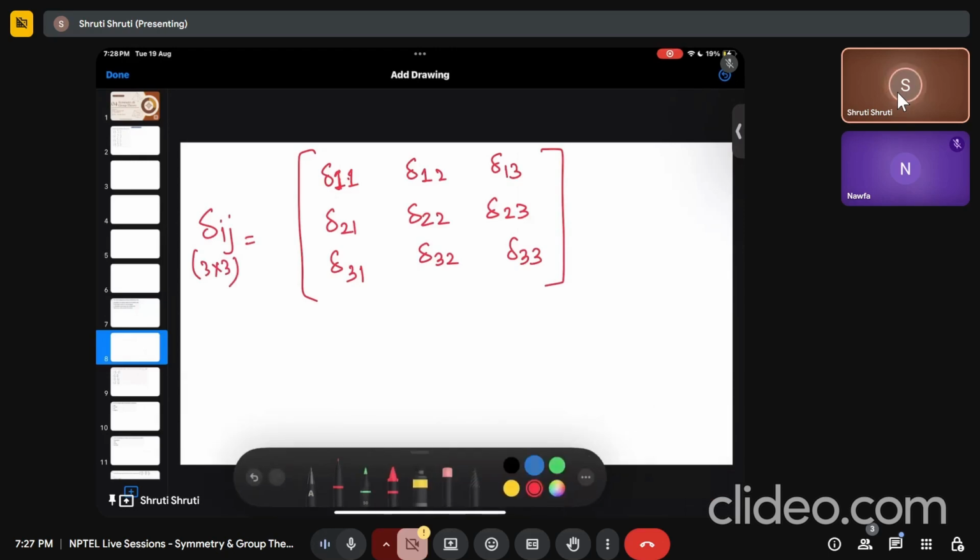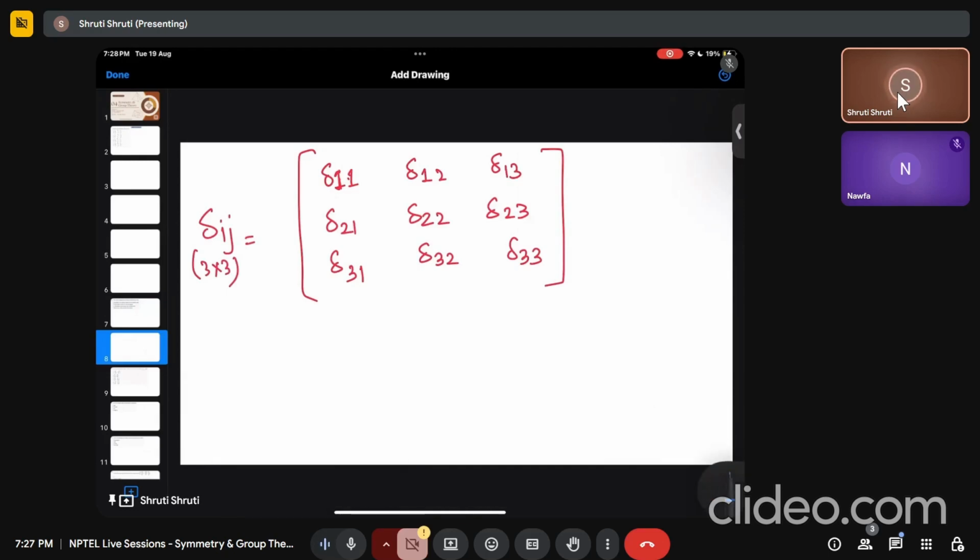Now you see, when i is equal to j, i is the row number, so i is decided by this side, and j is the column number, so j is decided in this side. These are j's and these are your i's.